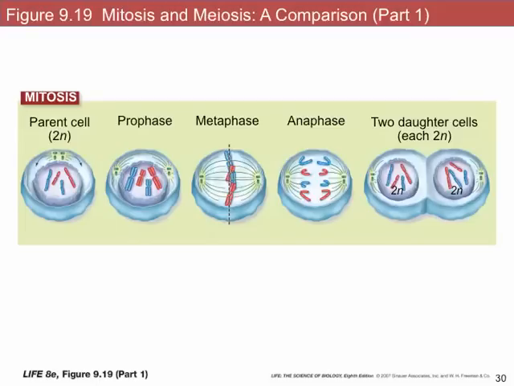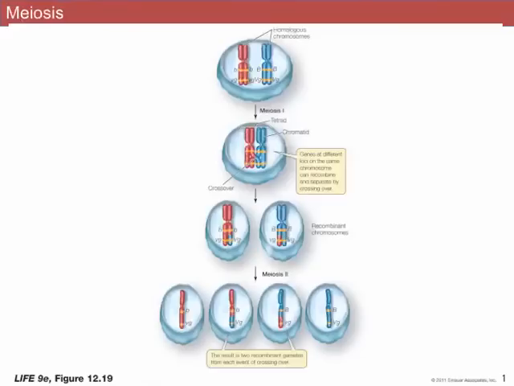So mitosis is the normal means by which eukaryotic cells make copies of themselves. And then meiosis is this specialized process in eukaryotes that converts cells from diploid to haploid and is used for the generation of gametes for sexual reproduction.